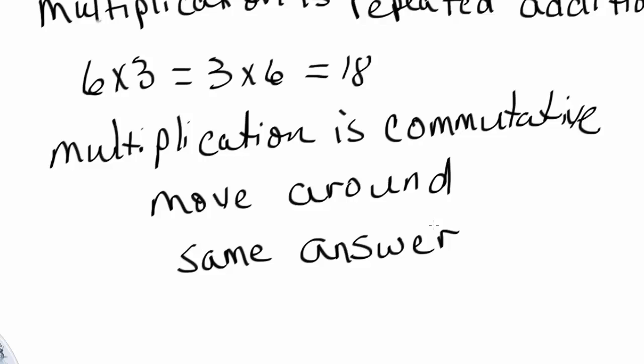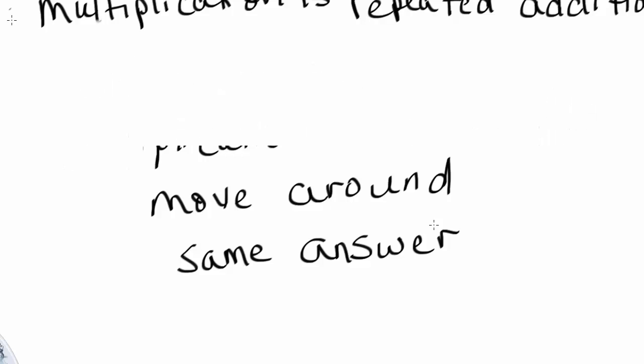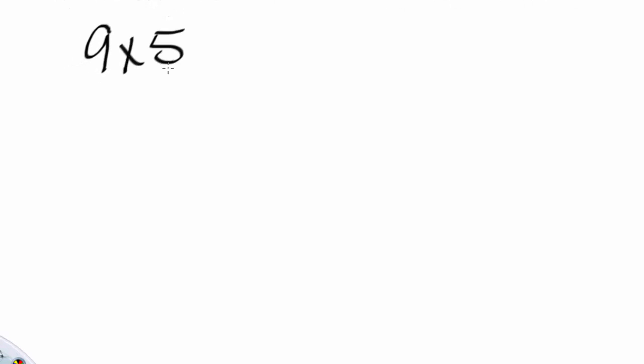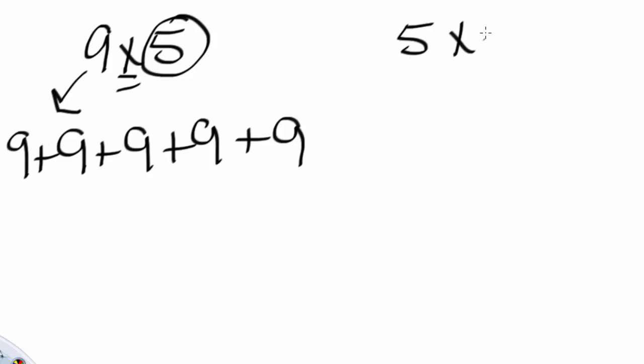Let's look at another example of commutative multiplication. We'll take 9 times 5 and then move the numbers around to make 5 times 9. In 9 times 5, we'll take the number 9 and repeatedly add it 5 times. And in 5 times 9, we'll take the number 5 and repeatedly add it 9 times.